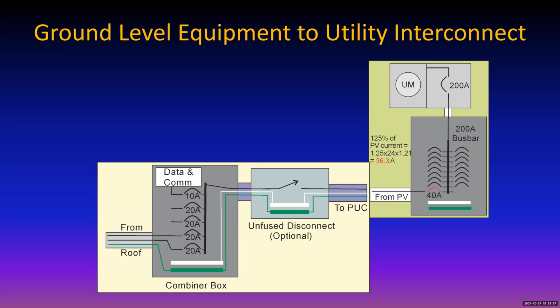Now, there's a rule here that says that if you feed opposite the utility on a bus bar, the sum total of the main breaker plus the PV breaker has to be less than 120% of the bus bar rating.